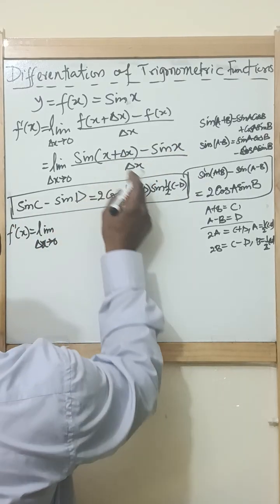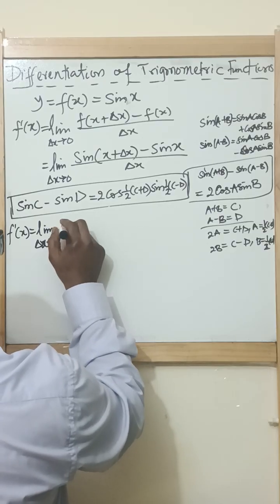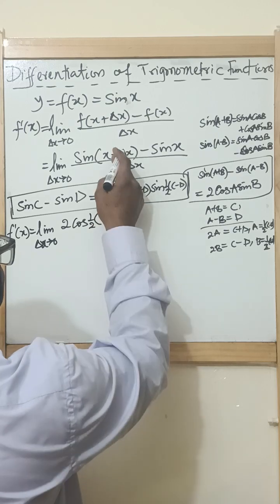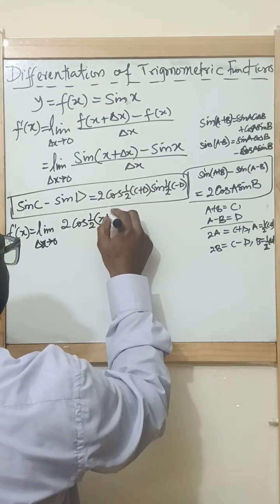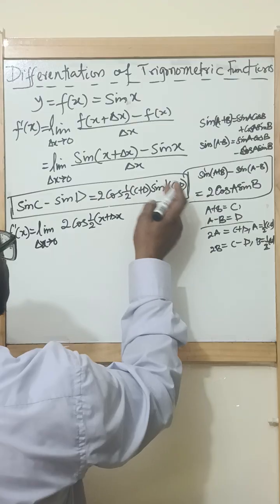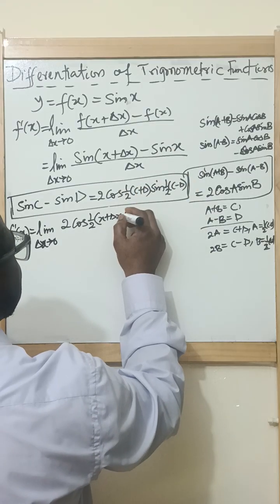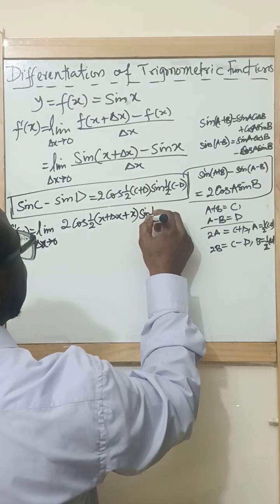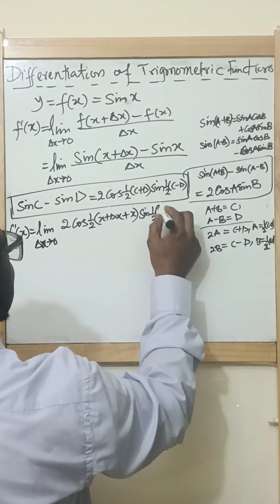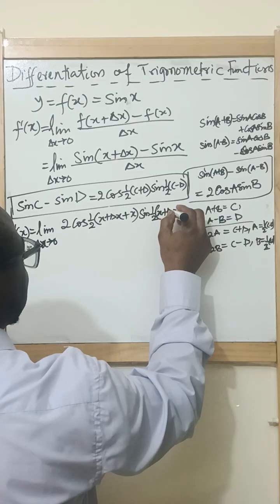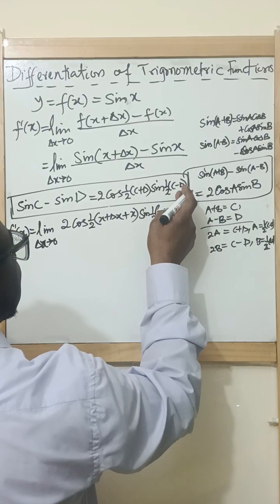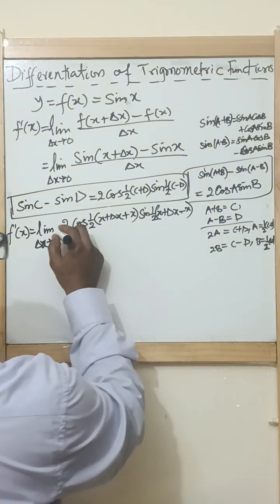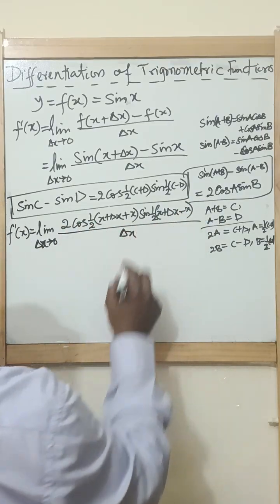So this is 2 cos of half of x plus delta x plus x, times sine of half of x plus delta x minus x, everything divided by delta x.